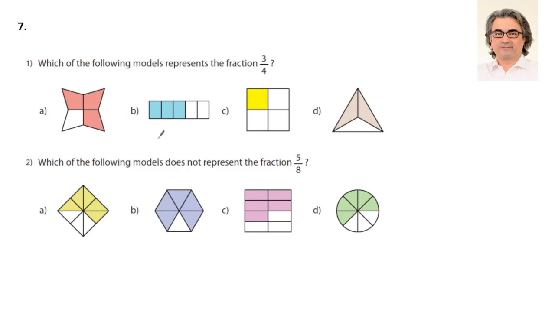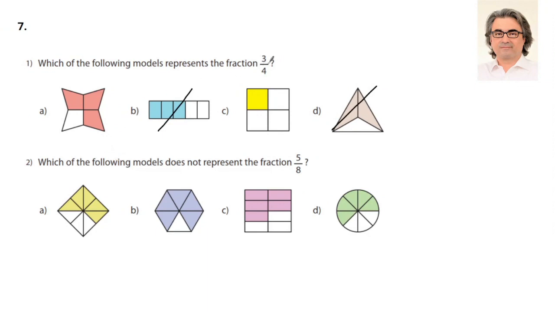So it's impossible. It cannot be the answer. For choice C, 1, 2, 3, 4. I have 4 equal parts of the whole. It's okay. For the last one, I have 1, 2, 3 equal pieces of the whole. It's also impossible. So D and B cannot be the answer.